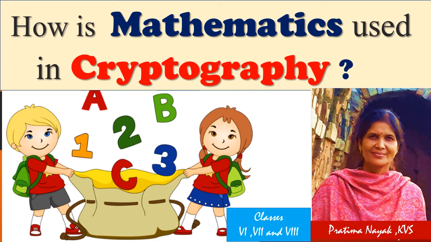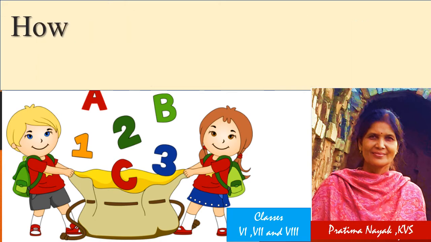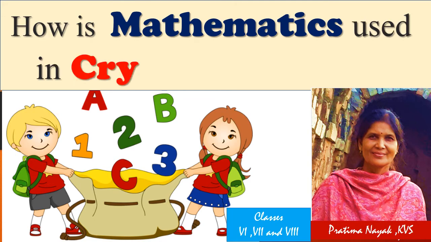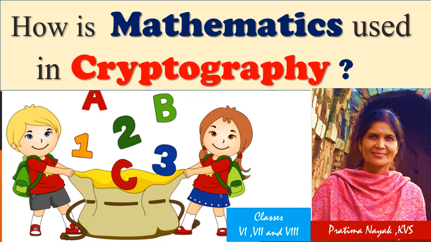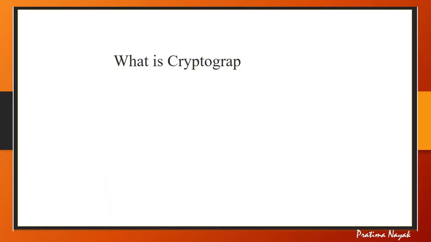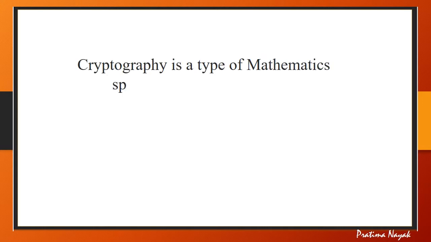I am Pratima. In this video, we'll learn how mathematics is used in cryptography. So we'll learn about what cryptography is and how mathematics is used in it. Now, what is cryptography? Cryptography is a type of mathematics specifically used for secrets.